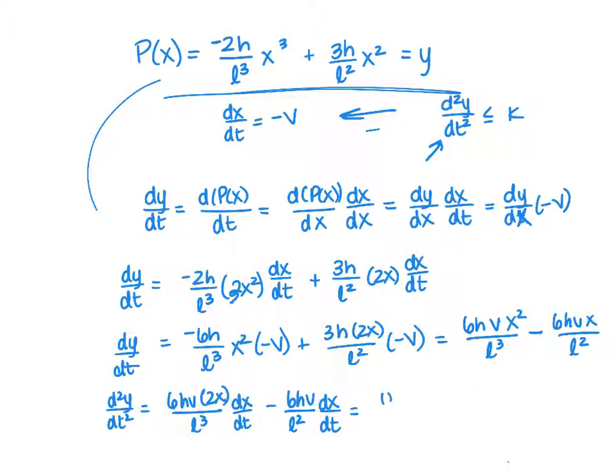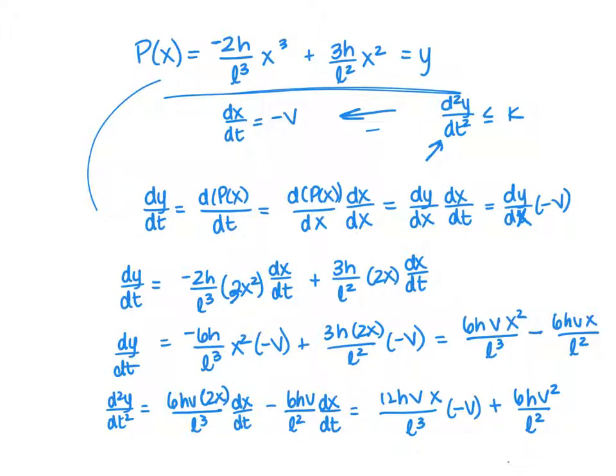So that's 12hvx over L cubed times minus v, minus 6hv squared and another negative sign over L squared.